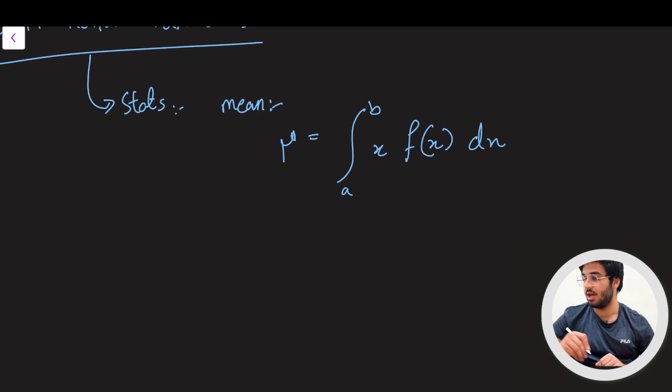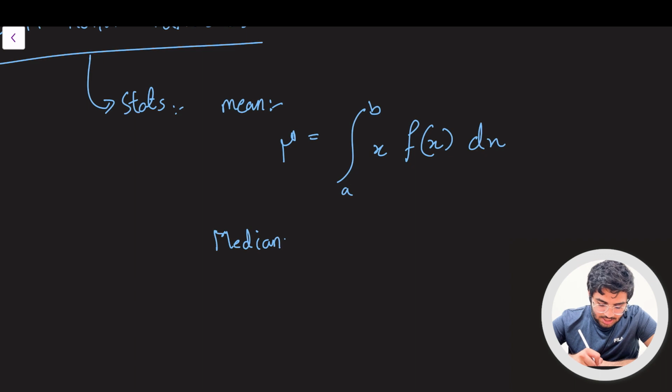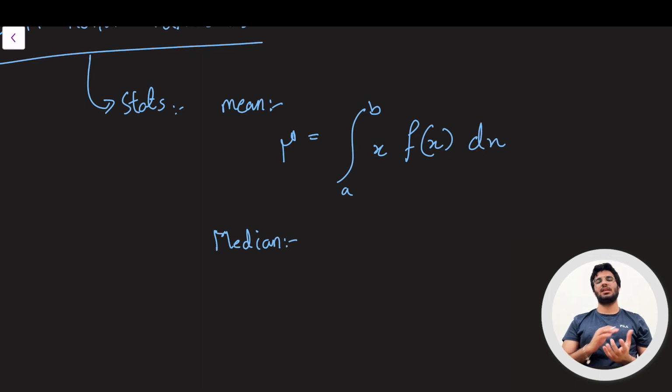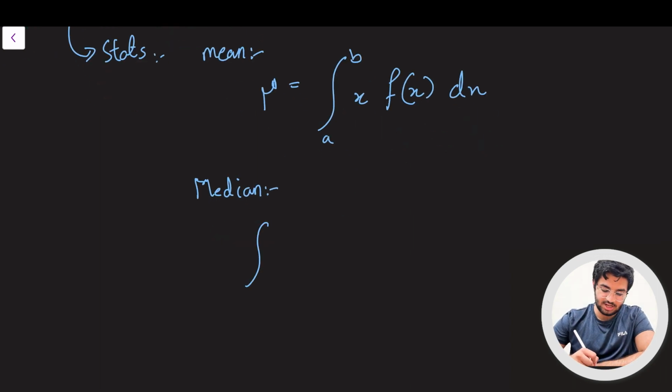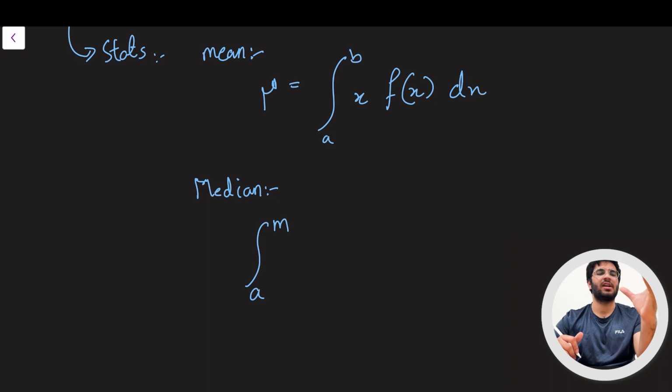Very straightforward process. Next, the median. Now typically you would think of the median as: you order the numbers, find the middle one. That is the definition. It's the middle value. But in terms of continuous random variables, it's a bit hard to find. The way you find the median is you have an integral from the start point to m. And a bit like what we did with discrete random variables, we found where the value becomes 0.5.